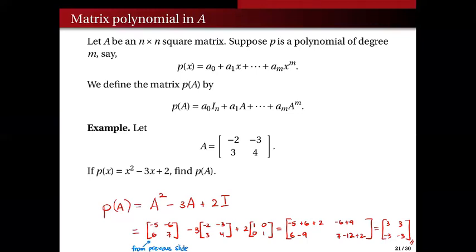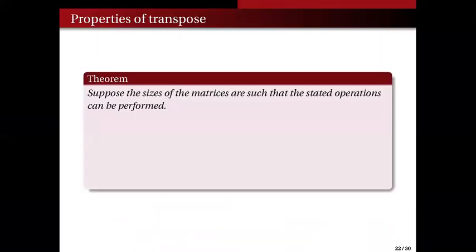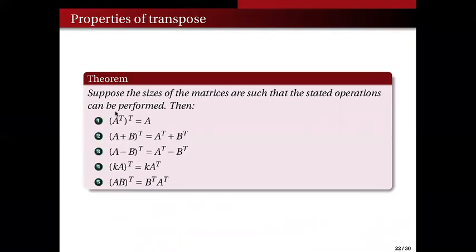Some more properties of inverses and transpose. Remember, you have the transpose from before. Suppose the sizes of the matrices are such that the stated operations can be performed. Then we have these properties of transpose. A transpose transpose is equal to A. You have a matrix, you transpose it, and then you transpose it again, you get the matrix A back.